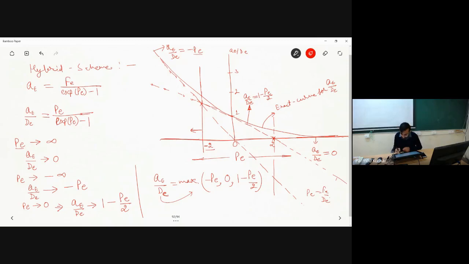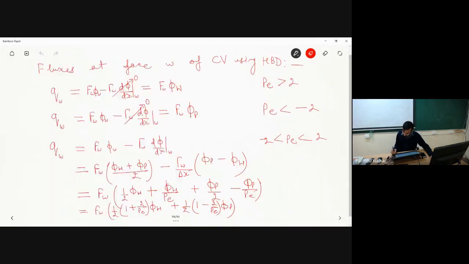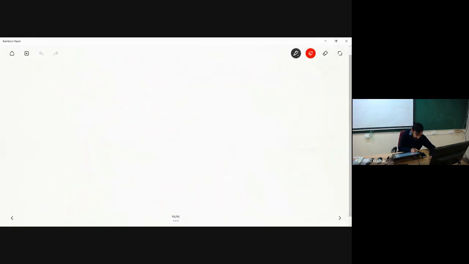That's why we have to consider some scheme which considers diffusion equal to 0 at large Peclet number only. And when our Peclet number is small, say close to 2, then we have to include our diffusion in the consideration. Okay, so this particular limitation of hybrid scheme is addressed by Patankar.